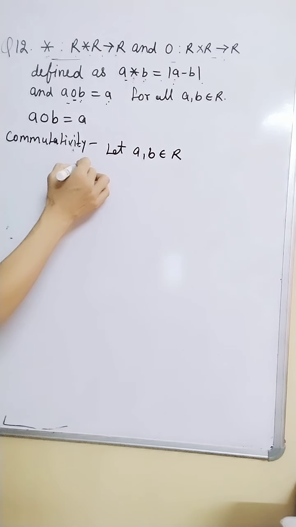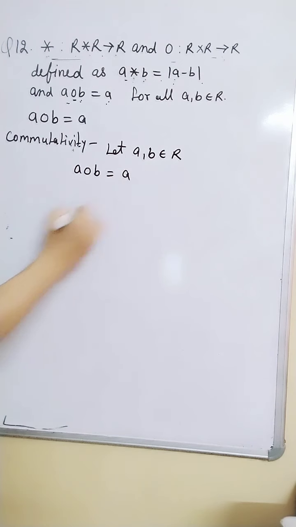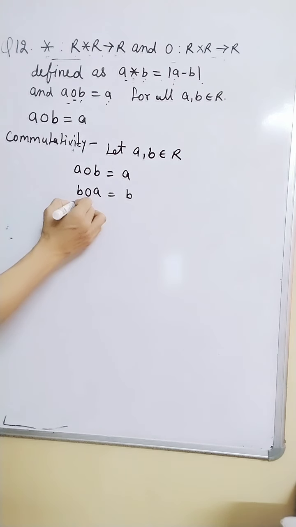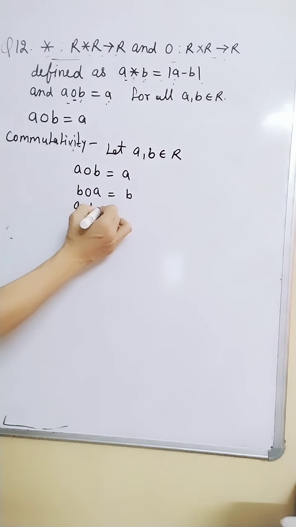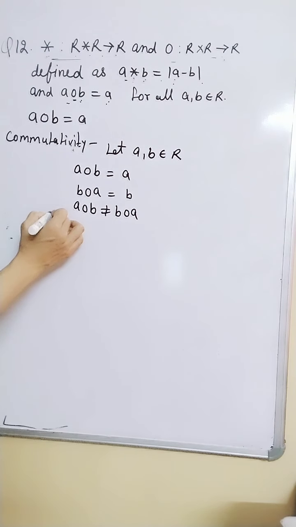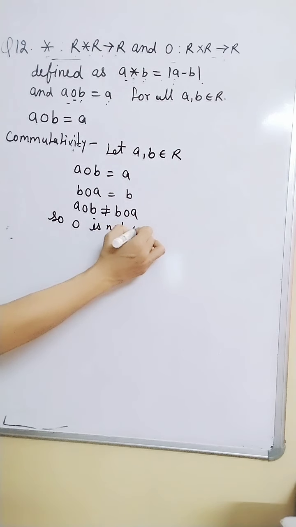If I apply A O B, then I will get A. If I apply B O A, then I will get B, right? So it means that A O B is not equal to B O A. So O is not commutative.